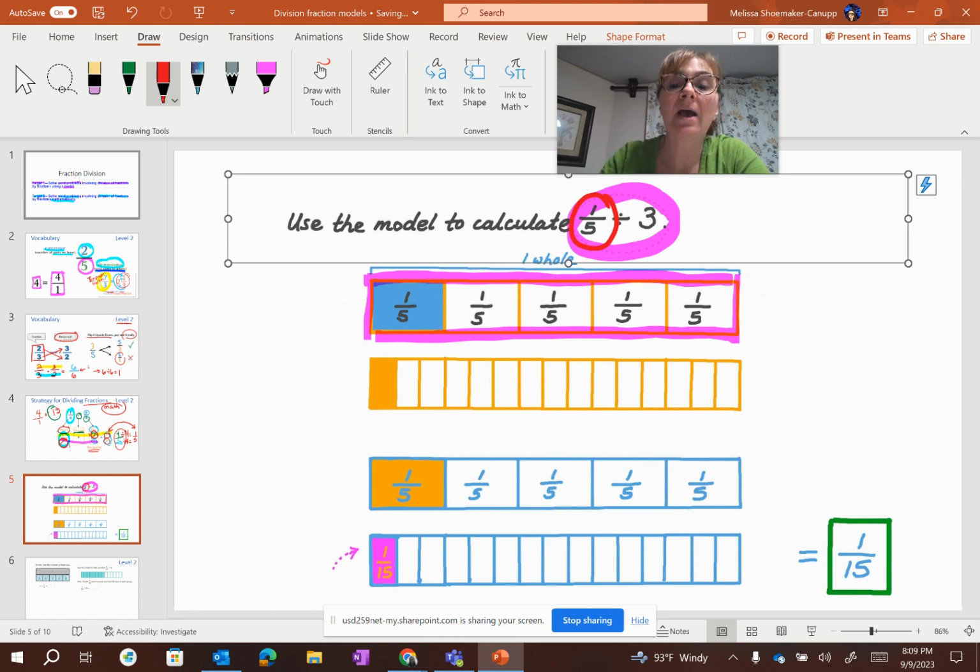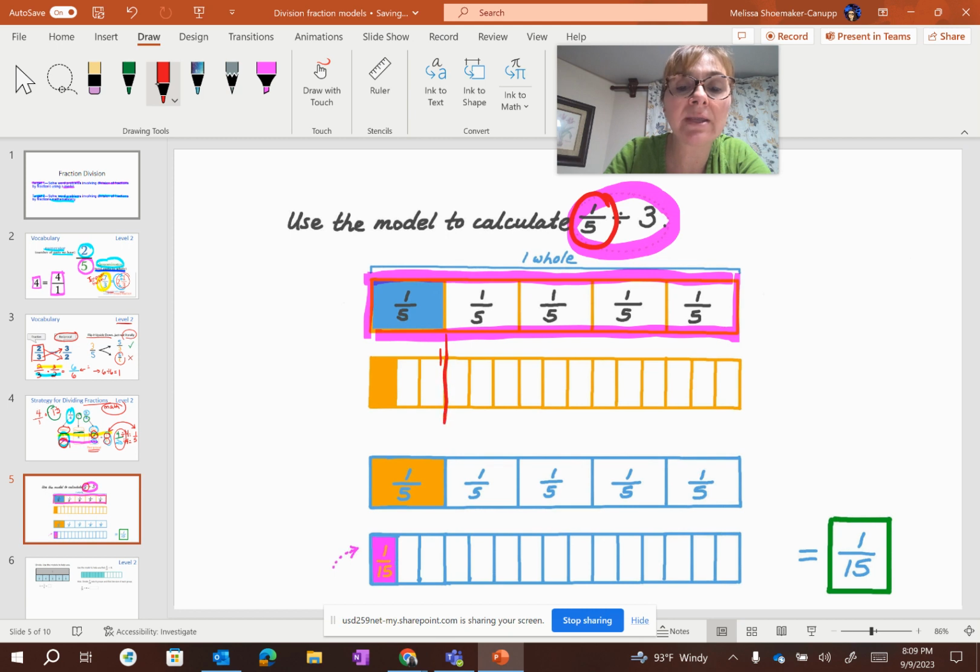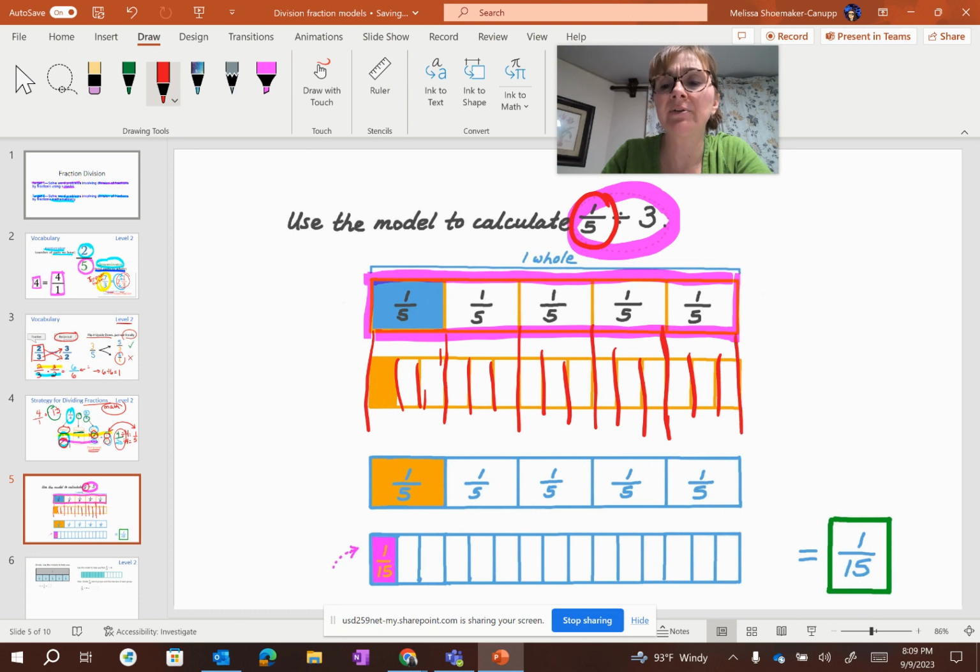Okay, now we have to divide that 1/5 into 3. So if you'll notice, if I draw a line down here, do you see what happened? They cut that 1/5 into 3 places. They had to repeat that with each 1/5, because we got to know what fraction of the whole entire thing that is.